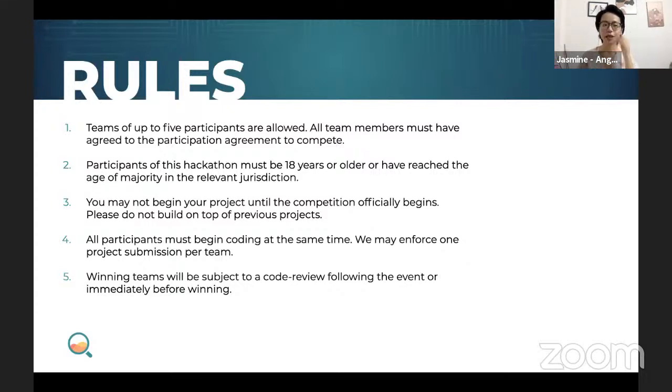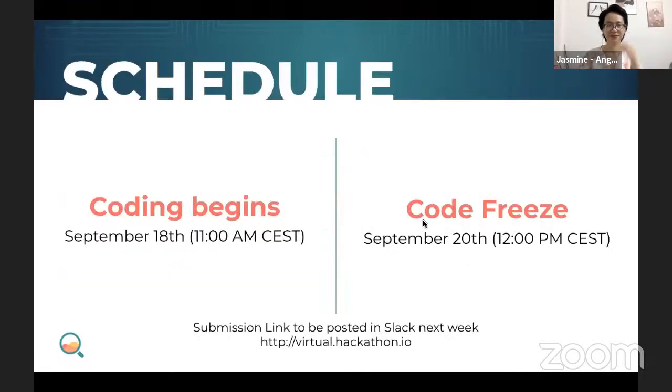Number 3, you may not begin your project until the competition officially begins. 4, all participants must begin coding at the same time, and we allow 1 project submission per team. Last but not least, the winning team will be subject to a code review following the event or immediately before winning to ensure the fairness of the competition.